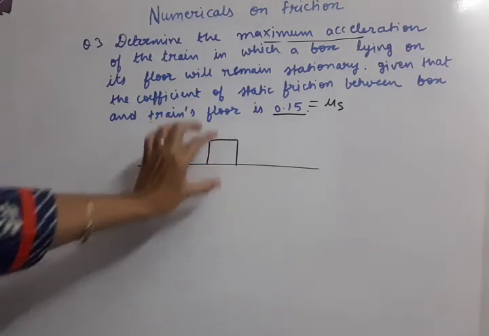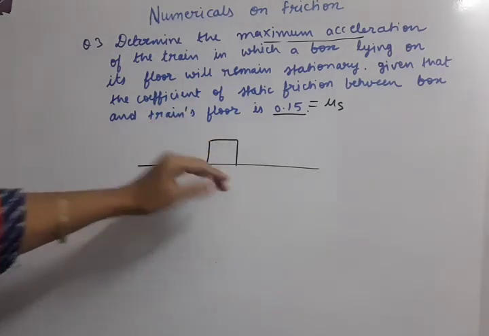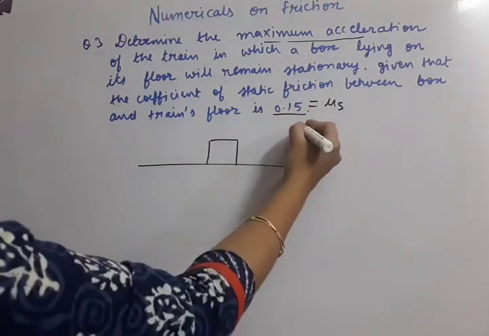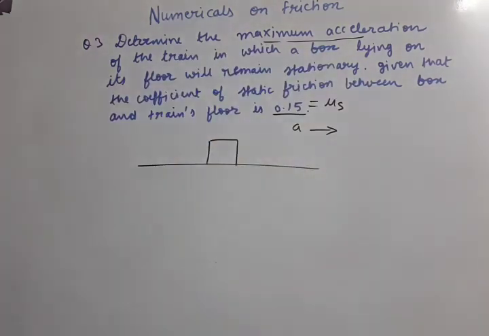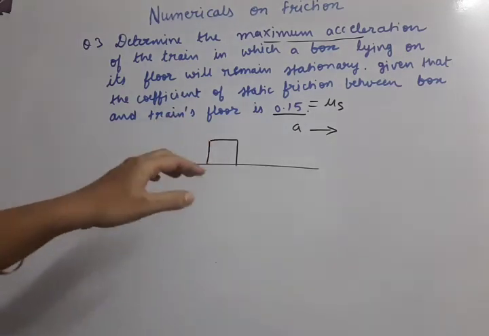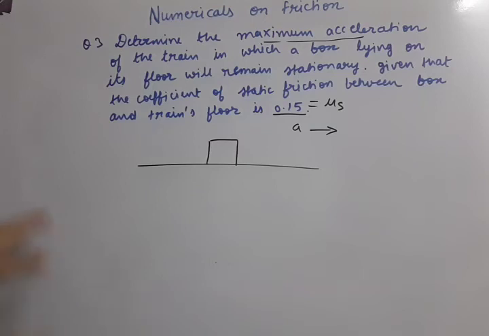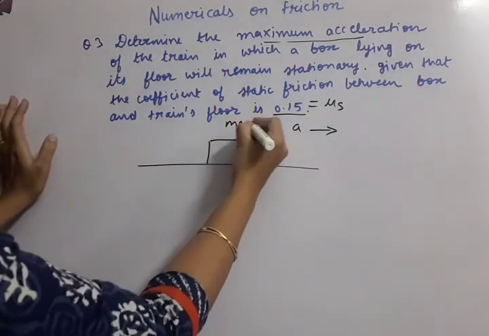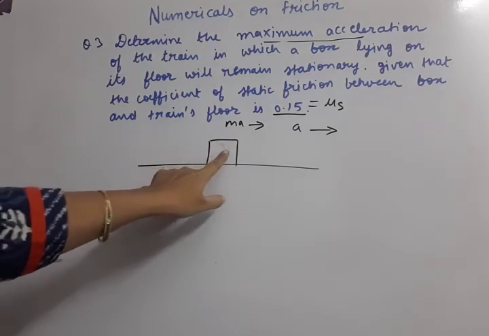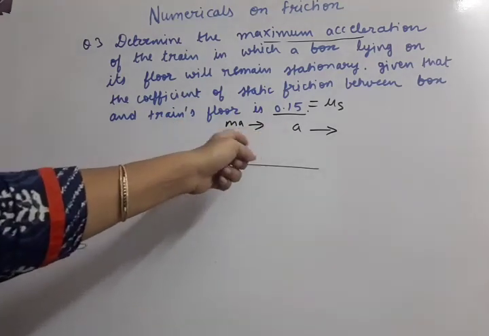Now let us see what the situation is. One box is lying on the train's floor and the train is moving with some acceleration, suppose in this direction. The box also shares the acceleration because the box is inside the train. So the force of motion on this box should be ma in this same direction, right?